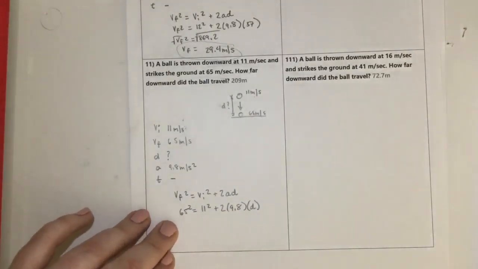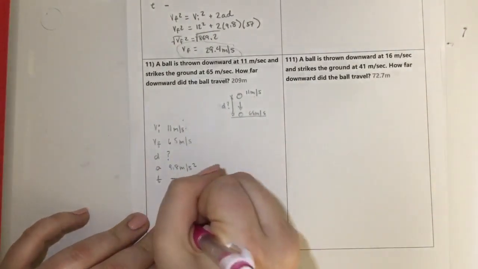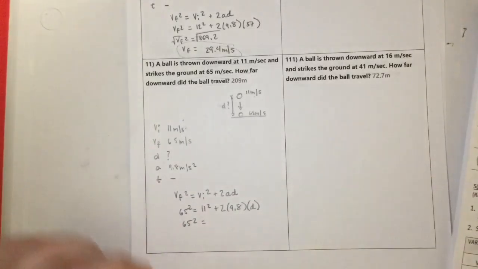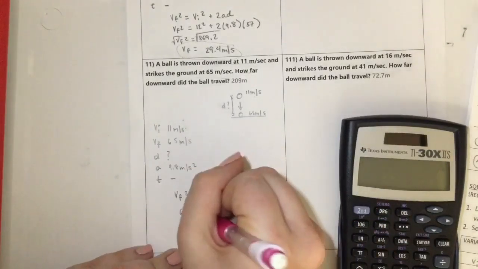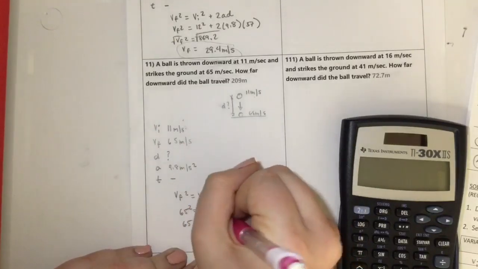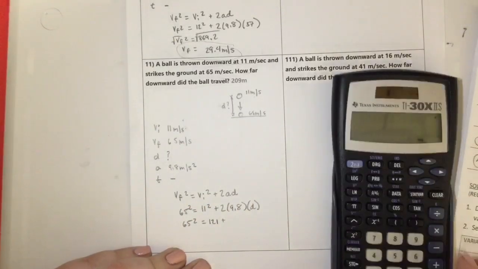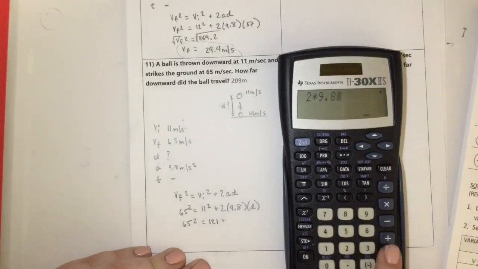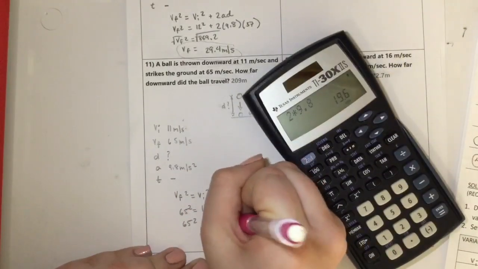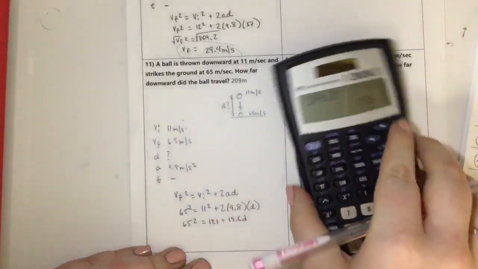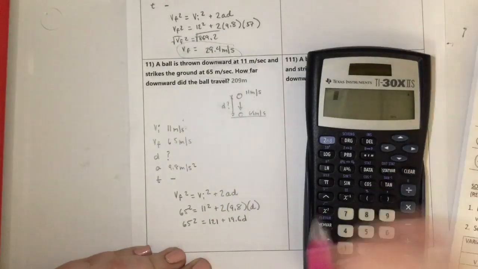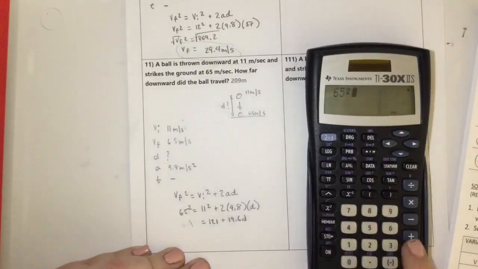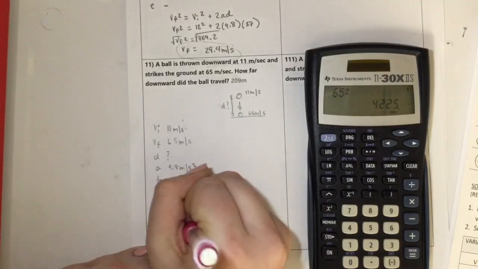Okay, so 65 squared equals 11 times 11, which is 121, plus 2 times 9.8, which equals 19.6, times the distance. All right, so now I'm going to quickly find 65 squared. That is 4225.